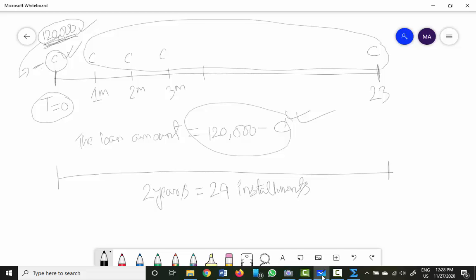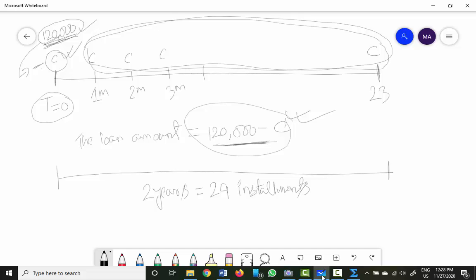We have already deducted the C amount of cash flow from this 120,000 to find out the present value of the loan, which you need to pay off by these cash flows. These are the installment amounts.